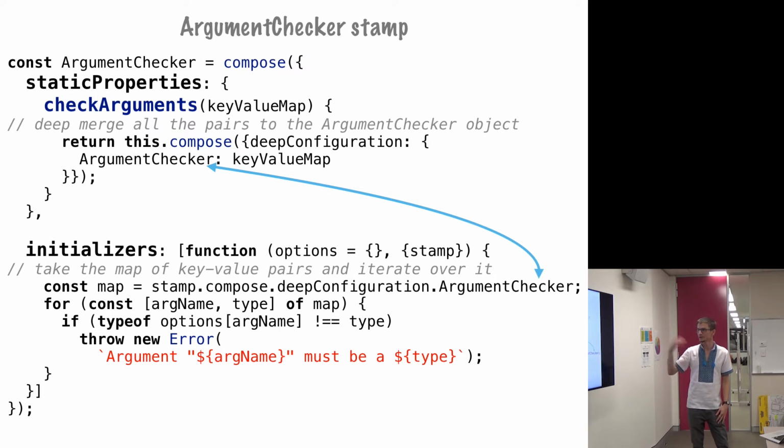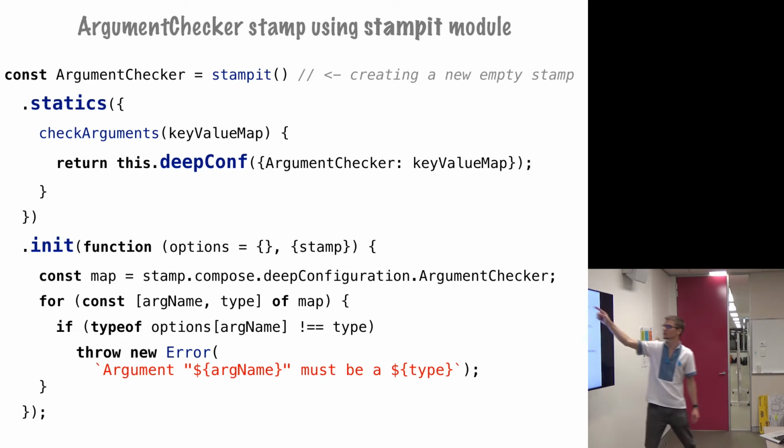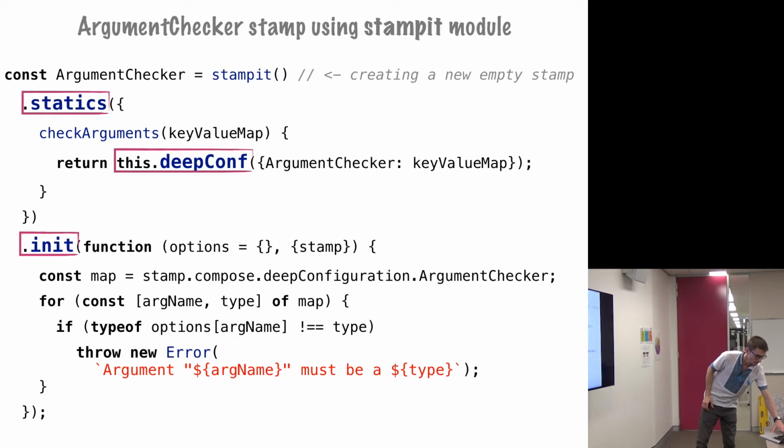But to my taste, that's just too much code for a simple feature like that. So we have implemented a special module called Stampit, which can shorten this code. Take a look. This is the module Stampit. It creates a new stamp. Then I call these three static functions on it.